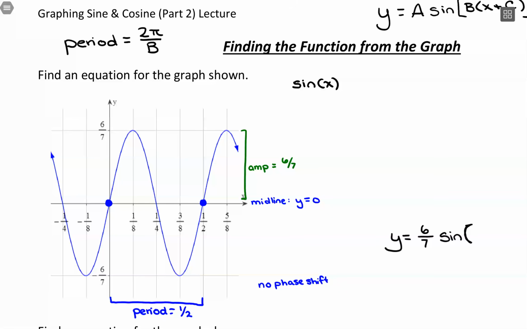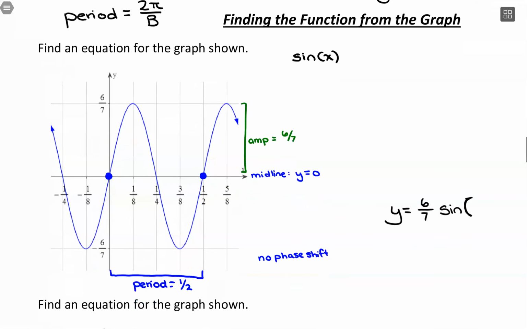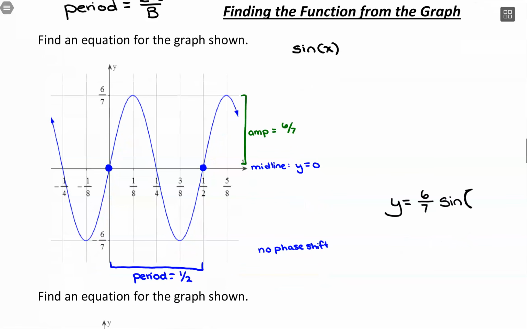So we have this calculation to do. So this period equals 1/2. That's the period, that's not b. So we do not put 1/2 there. Instead, we need to think about what's the number that's changing 2 pi to make it 1/2. So we have some solving to do. So just always pause with plugging in b there, because we're going to have some work to do.